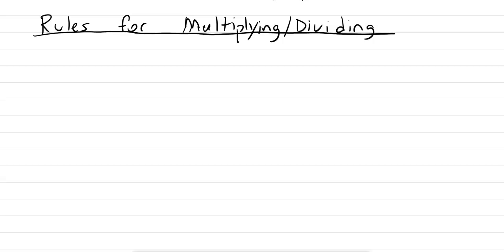So remember the rules for multiplying and dividing.